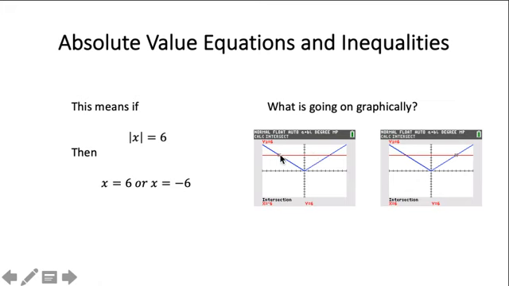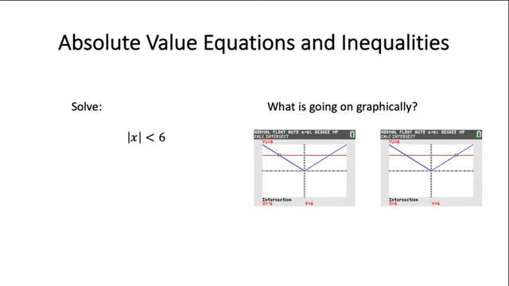Well, that's happening here, the absolute value equation, when x is negative 6, and it happens here when x is positive 6. Okay? So that's what's happening graphically. That's sort of an overview of the equation part of it.